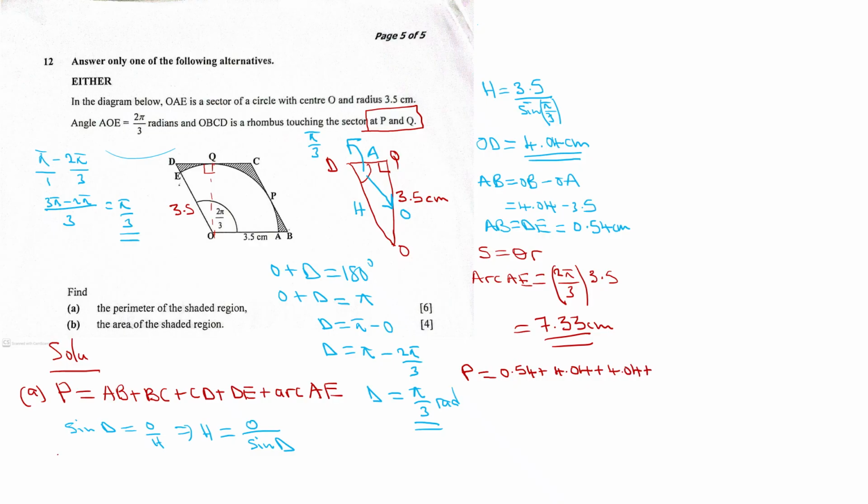What's our DE? DE is the same as AE, that is 0.54 centimeters plus the last thing, length of the arc. What is the length of the arc? We have just calculated 7.33. Those are the things that we need for the perimeter, and therefore the perimeter will simply be equal to, get your calculator and start typing in 0.54 plus 4.04 plus 4.04 plus 0.54 plus 7.33.